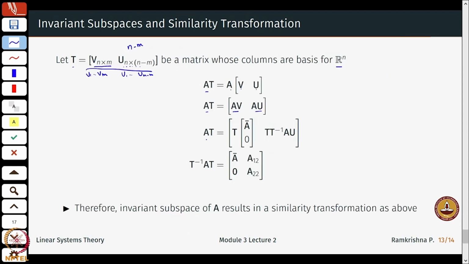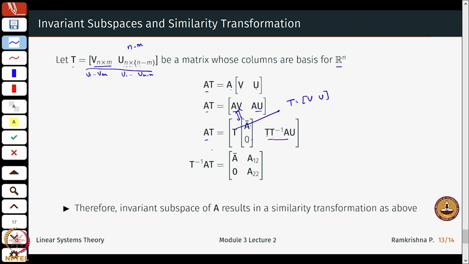This can now be written as A times T equals T times A bar and 0, T inverse. I just multiply by T and its inverse, and this is obvious to check because T has a representation of V and U. So, I can equivalently write this as this.